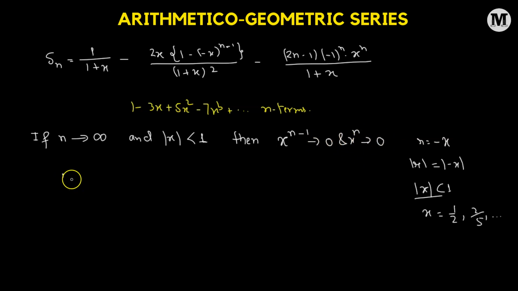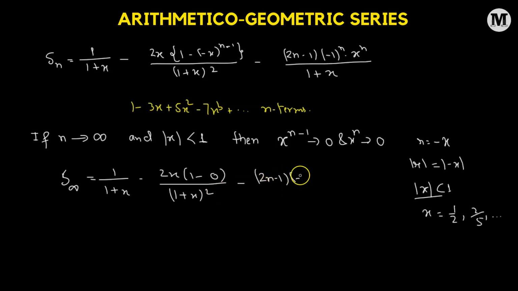Fine, which means that S infinity, which is going to give us the sum to infinite number of terms, we have 1 over 1 plus x minus 2x multiplied to 1 minus negative x raised to the power of n minus 1, which in other words is the same as saying we have 0. It's going to approach 0, divided by 1 plus x whole square, minus 2n minus 1 times negative 1 raised to the power of n times x raised to the power of n, so that's 0, divided by 1 plus x.